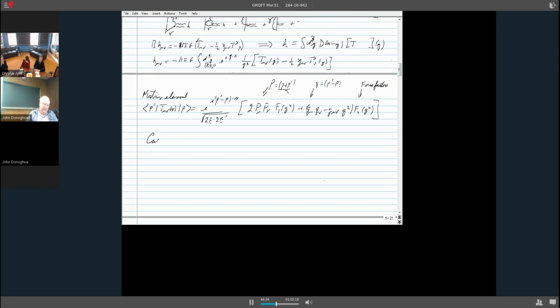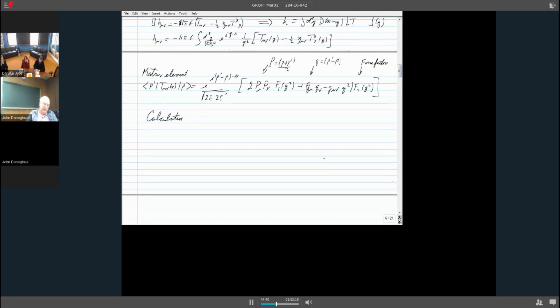Here, capital P is (p plus p prime) over 2. Q is p prime minus p. And these F's are form factors. Okay, so this is the general expansion constrained by Lorentz invariance.